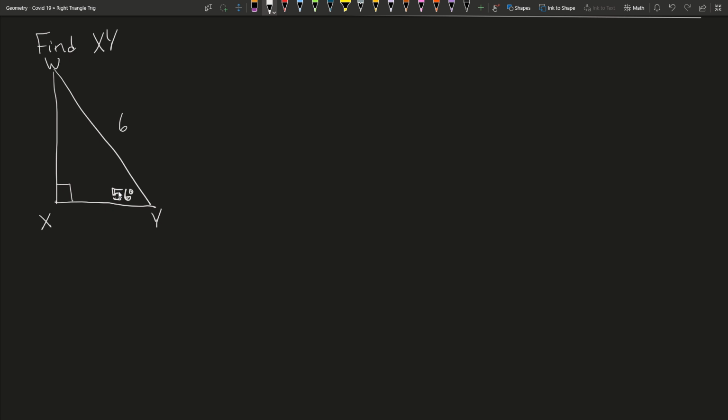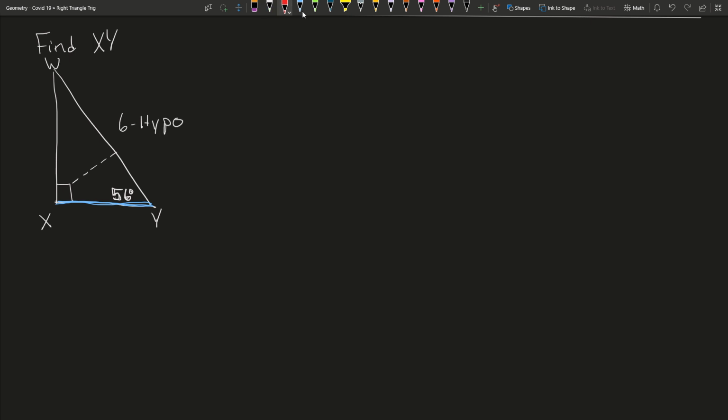The first thing we always do is define what terms we have and what terms we need. We want x, y, so we want this side right here. Then we define what we have. If we draw a line from our right angle to the other side of the triangle, that's the hypotenuse.